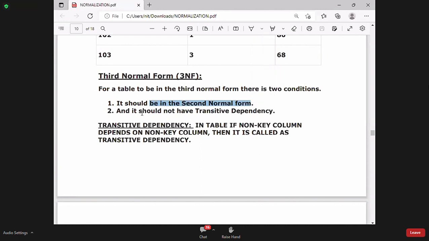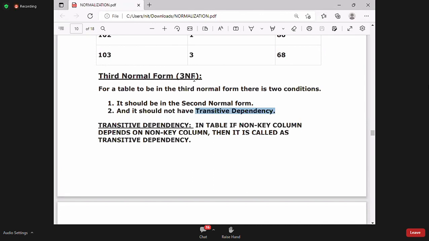And the second one is that it should not have transitive dependency columns. Here one more new problem has come. What is the new problem? Transitive dependencies. That means if your table has any transitive dependency columns, then those columns again I want to remove from the table and keep in another table.